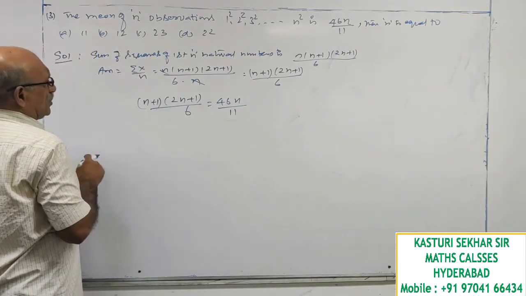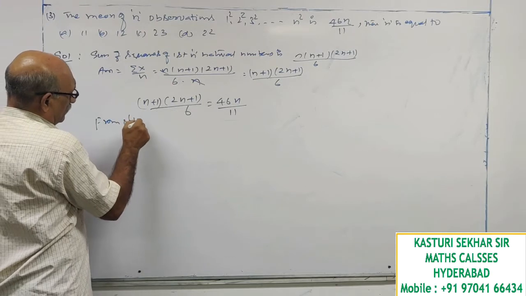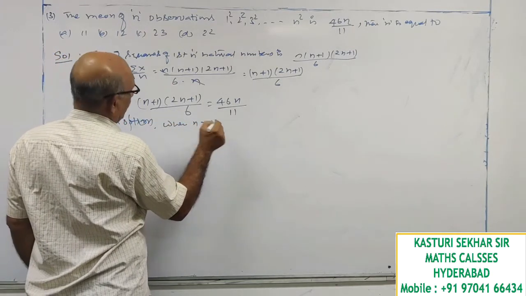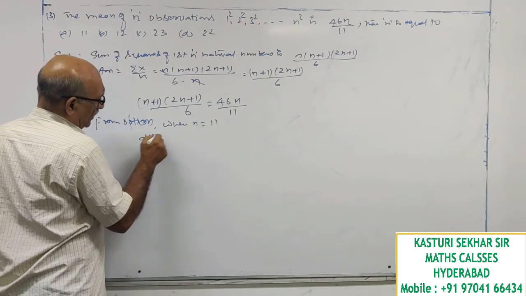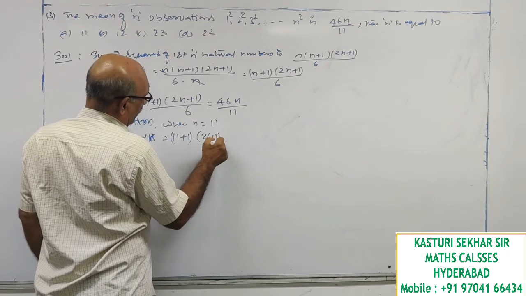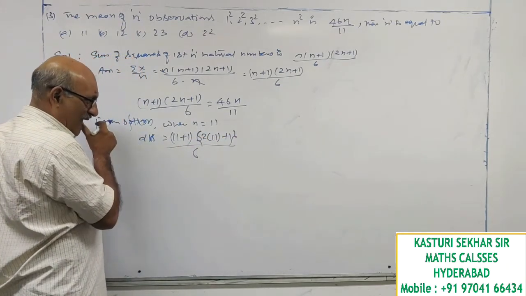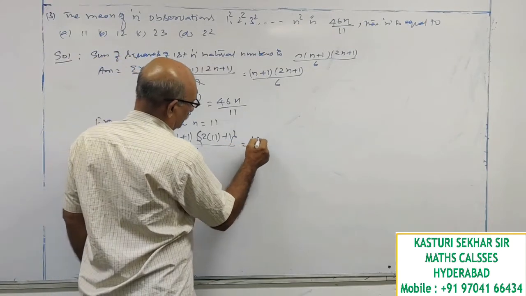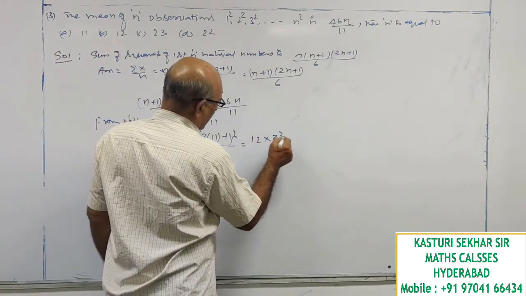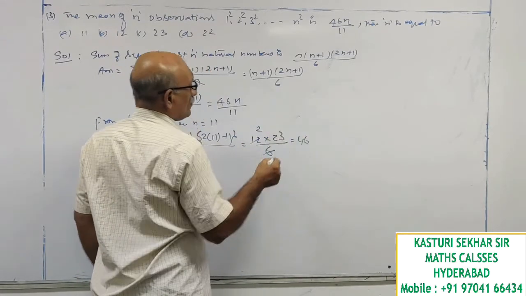Let us take the values from options. When n is equal to 11, left hand side is 11 plus 1 into 2 into 11 plus 1 divided by 6. 12 into 23 divided by 6. It will go 2 times, 46.